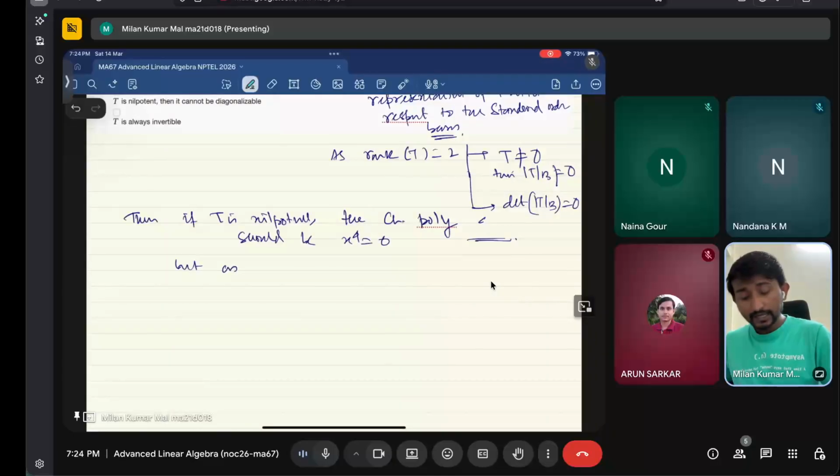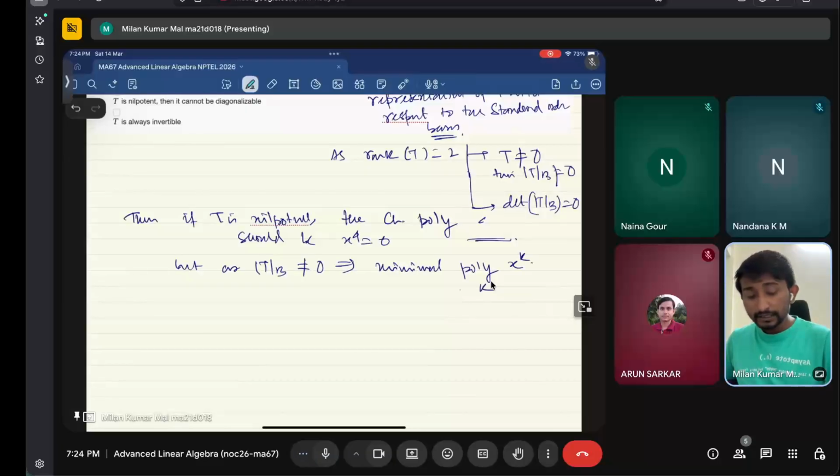But as TB is not identically 0, the minimal polynomial will be x to the power k, where k is strictly greater than 1, because if k is 1, that means TB is equal to 0.